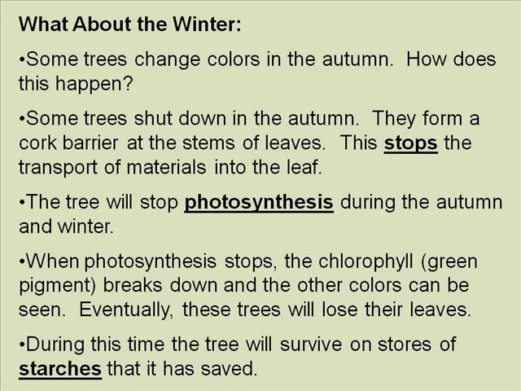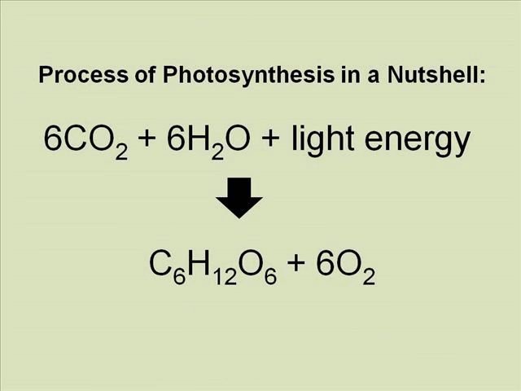Here on the last slide of the video, we have photosynthesis in a nutshell. This is the chemical equation for photosynthesis. For a plant to make one molecule of sugar, so one little molecule of food for itself, it has to have 6 carbon dioxide molecules.